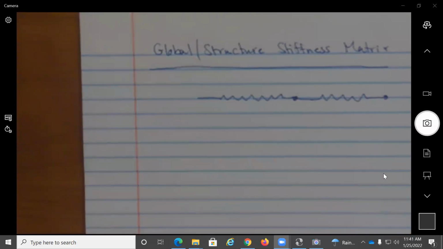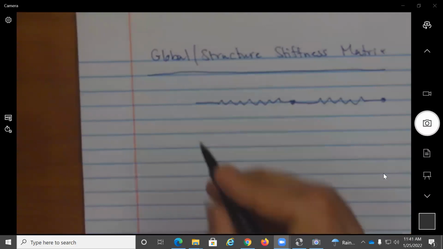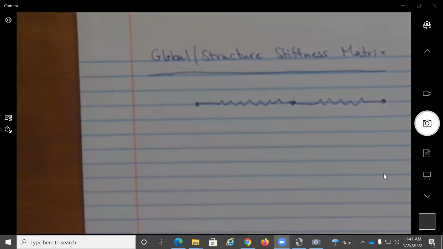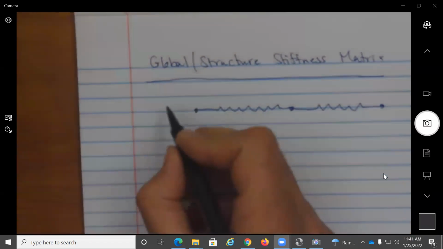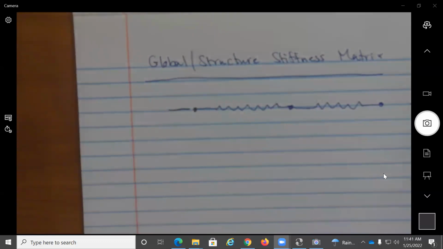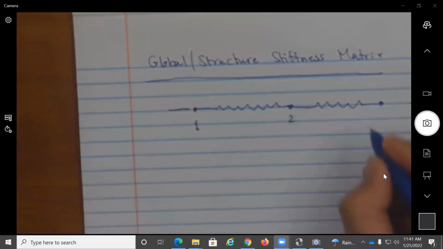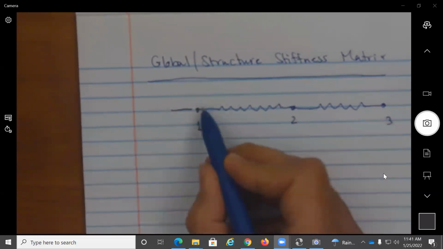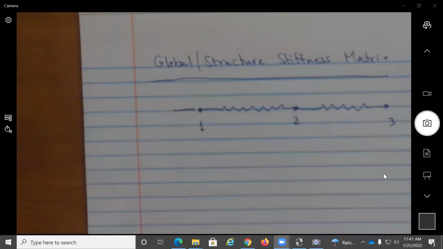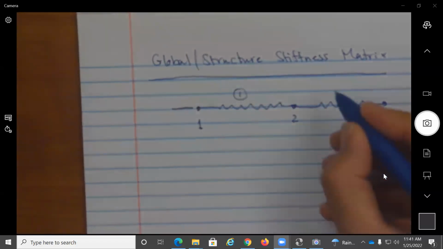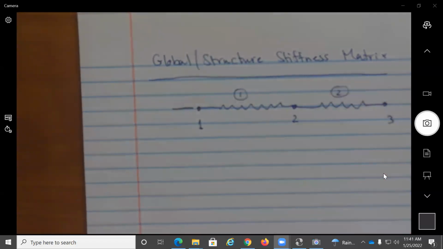Now, this structure is going to be subject to forces, whether knowns or unknowns. These could be applied forces or support reactions that I'm going to call here. Let me first identify the nodes. So this is node 1, node 2, and node 3. So I have an element 1 spring element that extends between these two nodes. I'm going to call this element 1, and this is element 2.